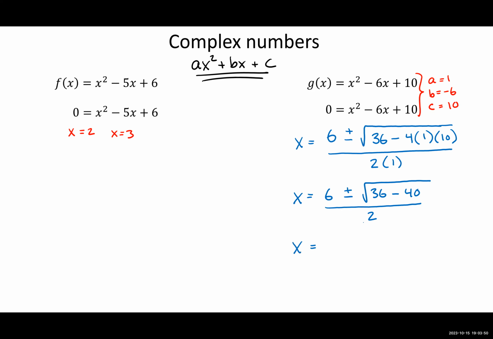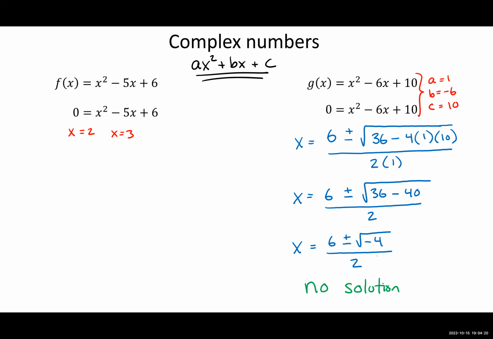So that's 6 plus or minus the square root of 36 minus 40, which gives us -4, all over 2. And then what do we say at this point? We say no solution, because you cannot take the square root of a negative number.